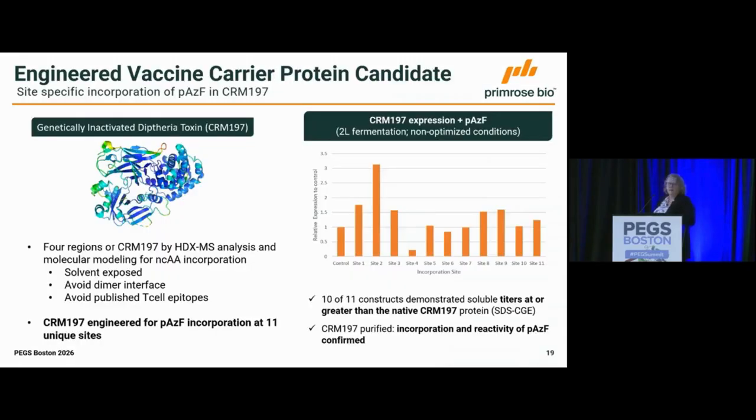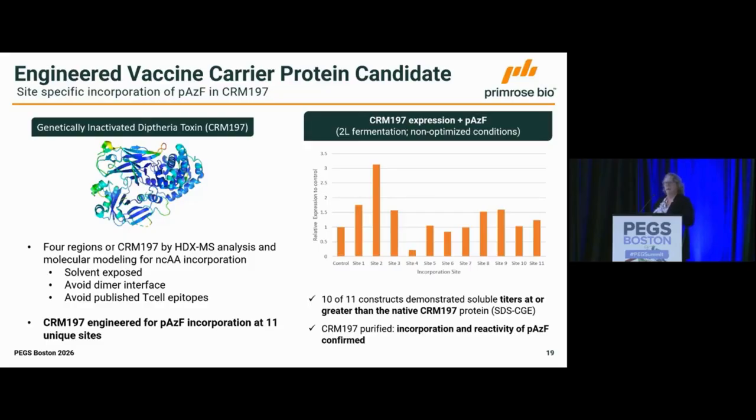So we evaluated the CRM197 crystal structure, as well as, again, doing some HDX-MS analysis to see where there are solvent-exposed areas where it would be good to insert PAZF for conjugation.